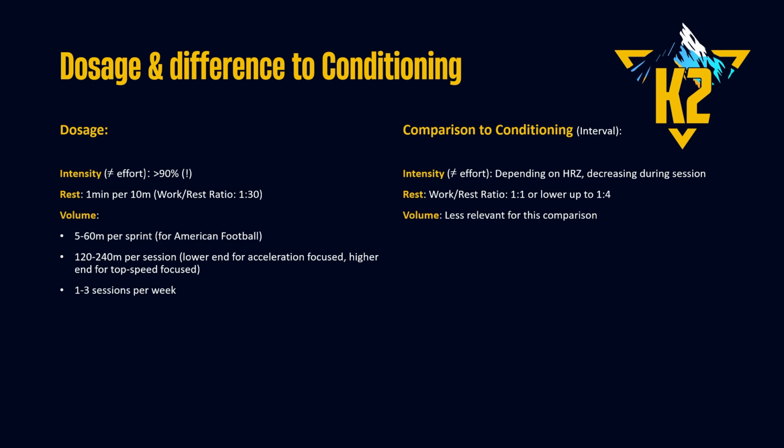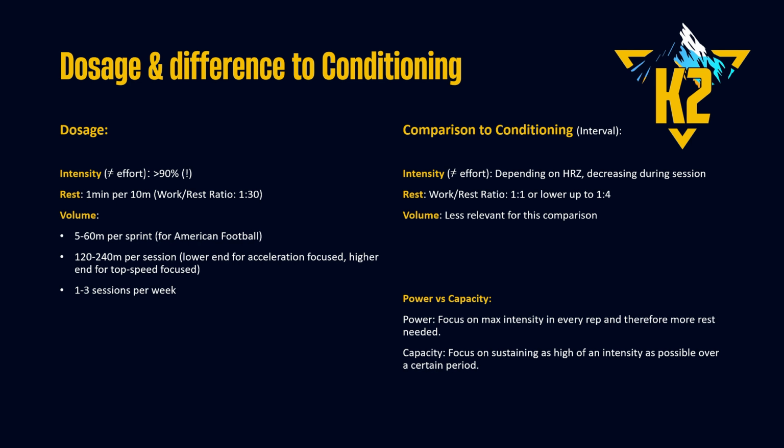Rest is depending on the type of conditioning, but usually it's a work to rest ratio of 1 to 1 or even lower, and up to 1 to 4. So your rest is around the same as your sprinting or conditioning task, or you have a little bit more rest, but not even close as much rest as when you sprint. The volume in this case is a little bit less relevant, at least for this comparison.